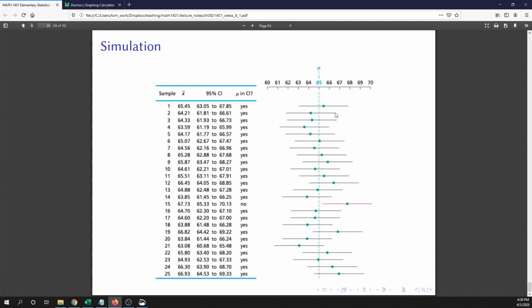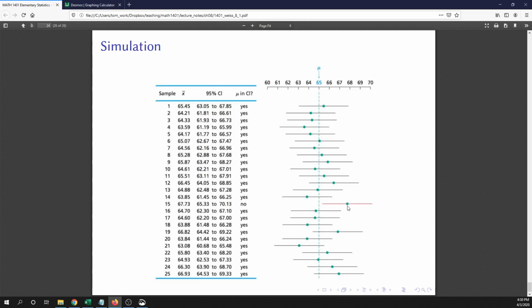So here it is for another sample. You can see it's a different sample mean and a different confidence interval, but this one still includes the population mean 65. All right, and so you can see that all of them do except for this one down right here. In this sample, the sample mean was 67.73, and the confidence interval then will be 65.33 to 70.13.